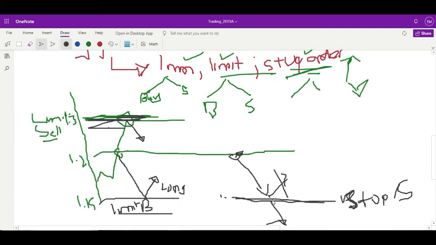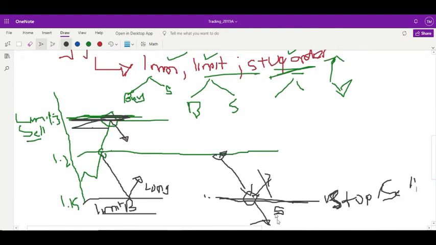If this order gets triggered, you get a ticket order from the market that we are getting short, we are shorting the markets. So if you place a stop order, which is a stop sell, you'll be getting short.